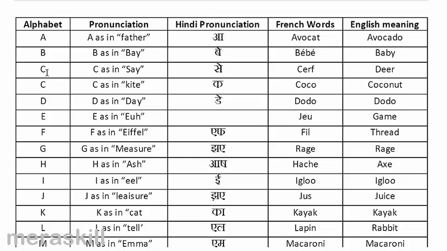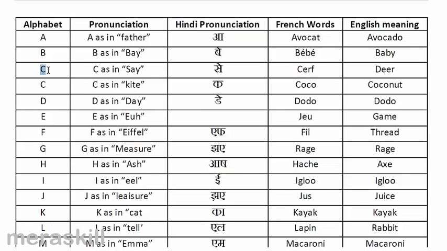Then the letter C, the alphabet C in itself, is pronounced se, like A in Hindi. But when it is used in words, its pronunciation varies a little. When C is in front of E or I, it becomes se, as in cerf.